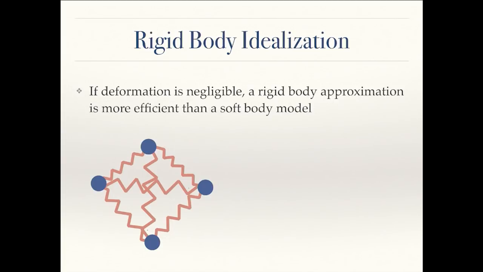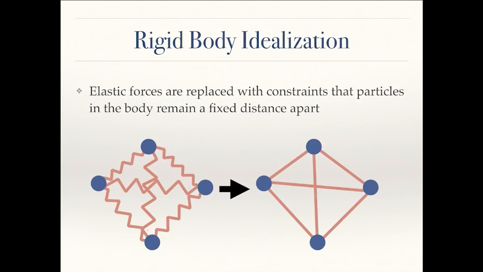So in a rigid body idealization, and this is an idealization, the stiff springs are thought of conceptually as actual constraints. A rigid body is something where every point on the body stays a fixed distance from the other points. That's the rigid body idealization.